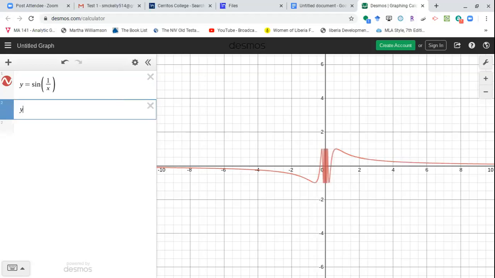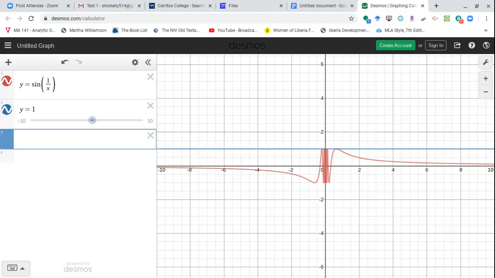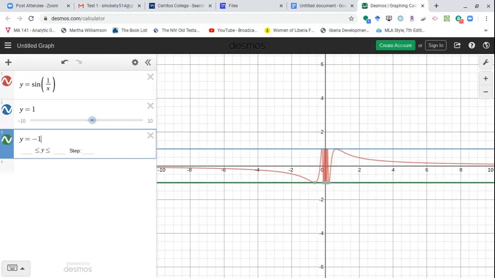If I put in a line y equals 1, that's y equals 1, right? And then I put in the line y equals -1 right here. See the green one? We know that the argument of the sine can be any real number normally.